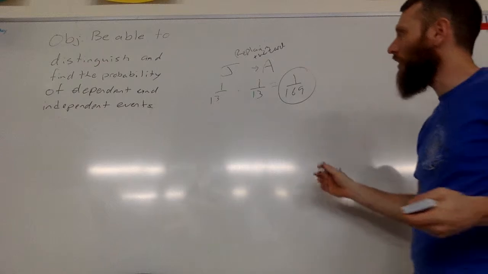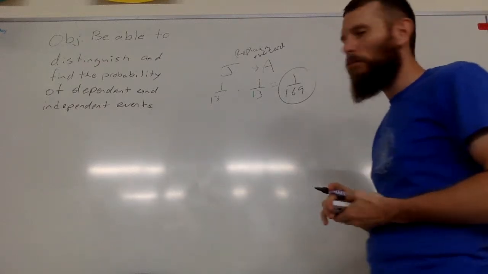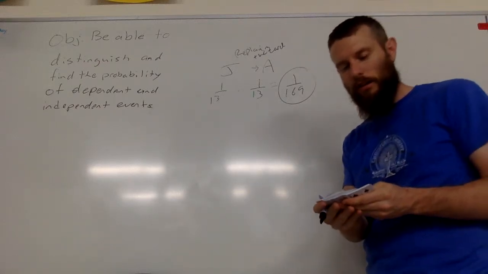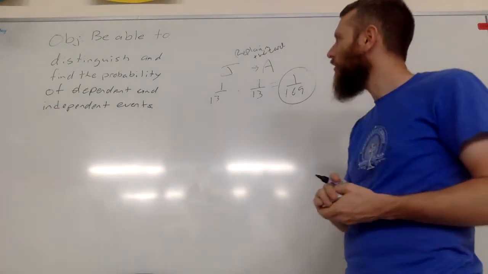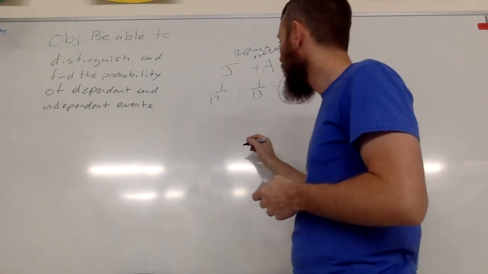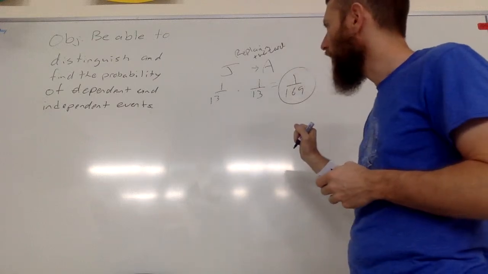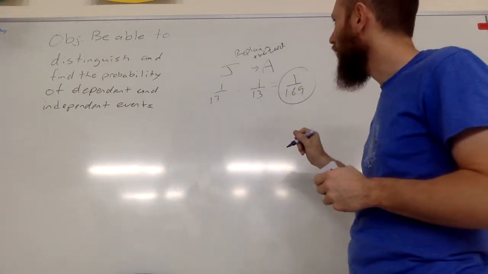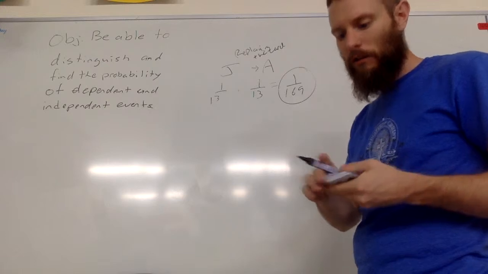What if I don't replace it? What if I say, what's the probability of me choosing 2 cards, and one of them is a jack and one of them is an ace? Now this is a little tricky, right?